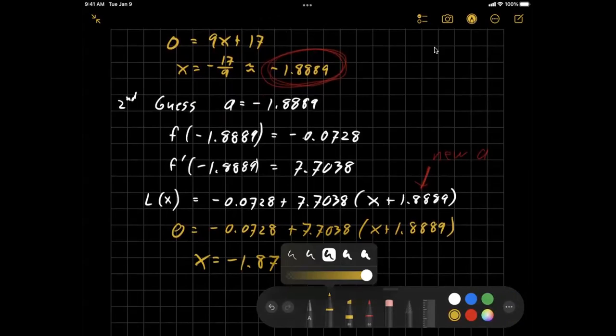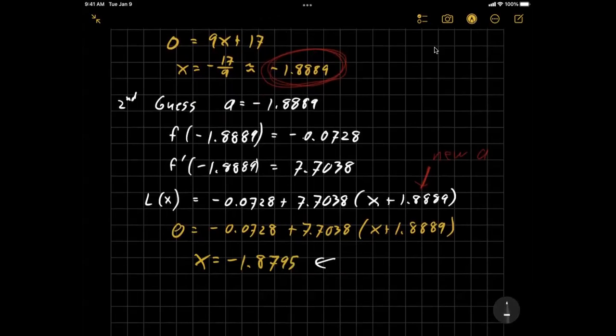Look at the answers that we have. This is a new answer compared to the first answer. So this was after the first iteration. And this is after the second iteration. So it didn't change drastically, but it did change significantly. Okay, in the 100th place, we have a different digit now.